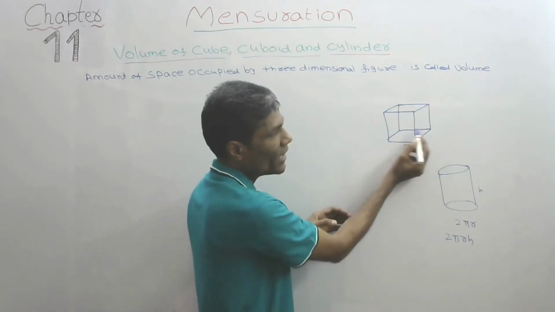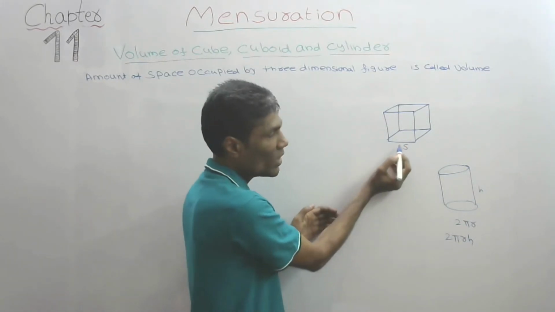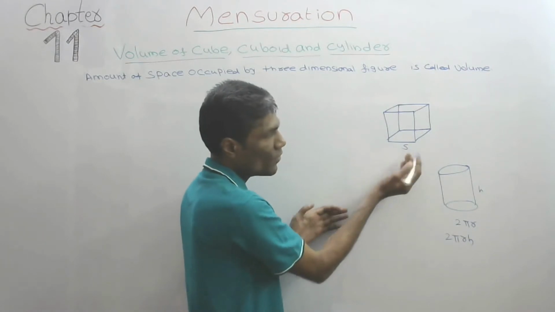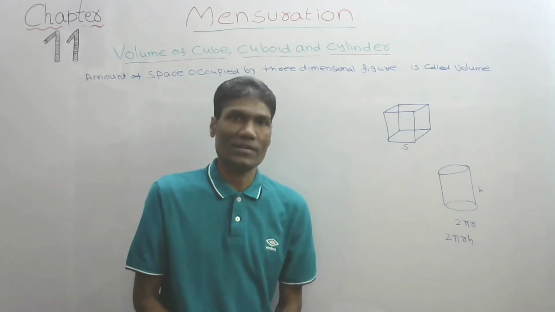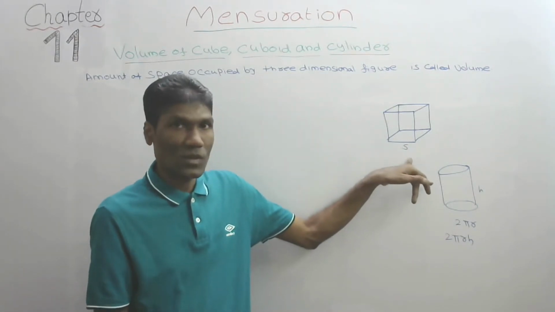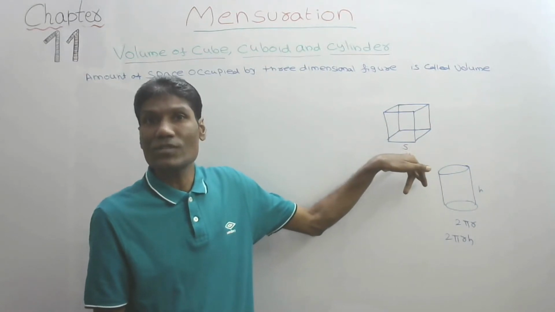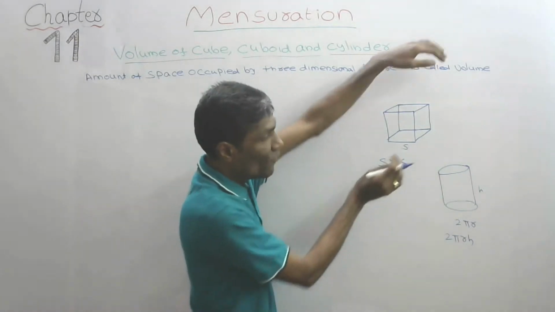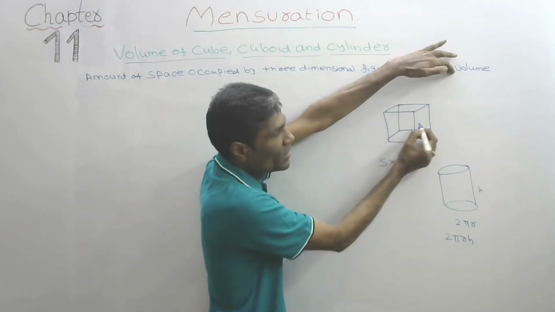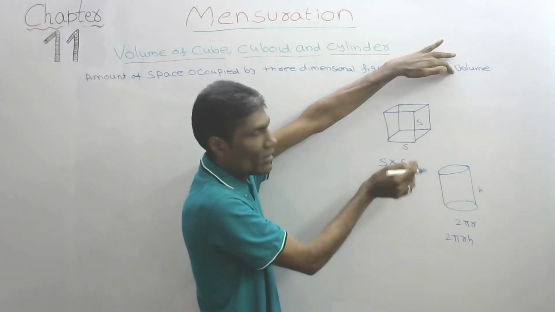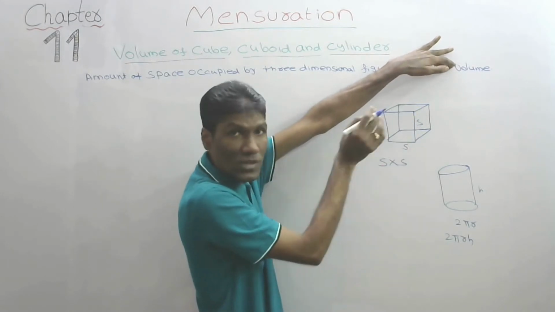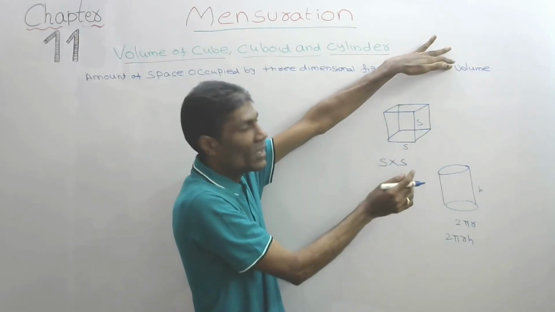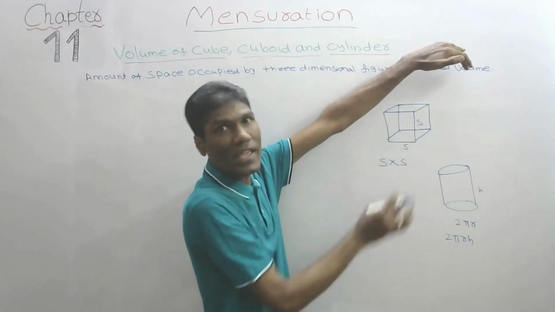Now see the area of the base. What is the shape of the base? That is a square. So what is the area of a square? Side into side. We know this, side into side. With this we have to multiply the height. Here the height is also the same, that is S only, because all three sides are equal.